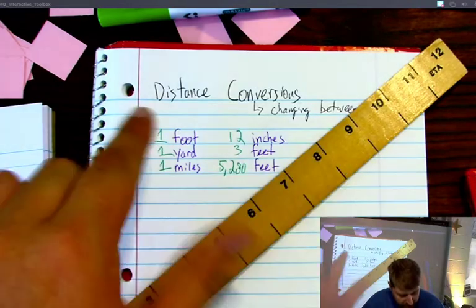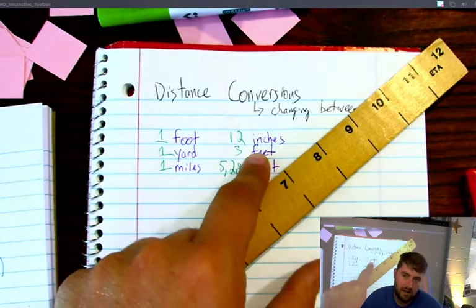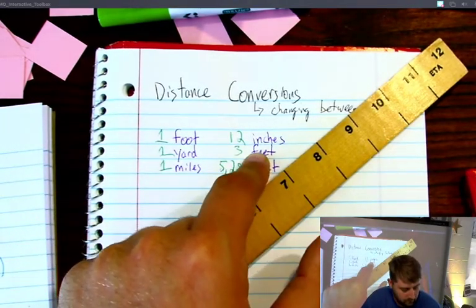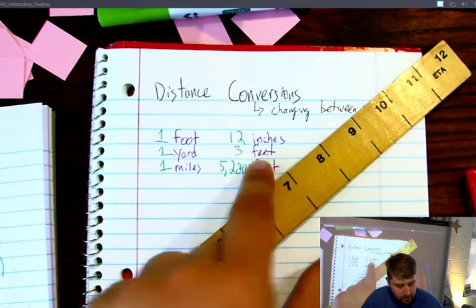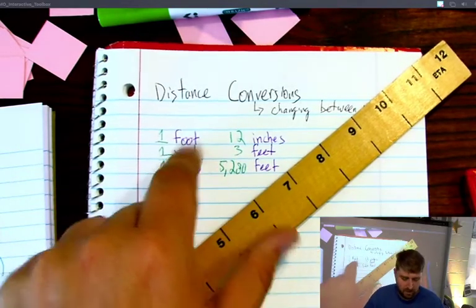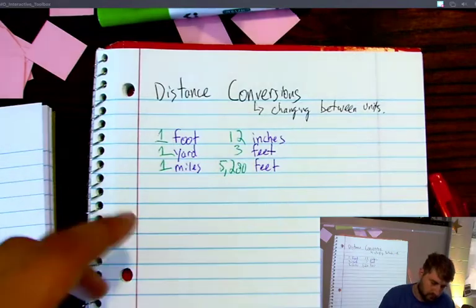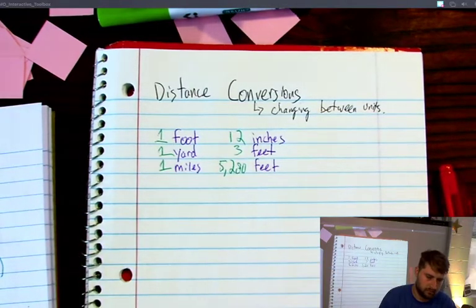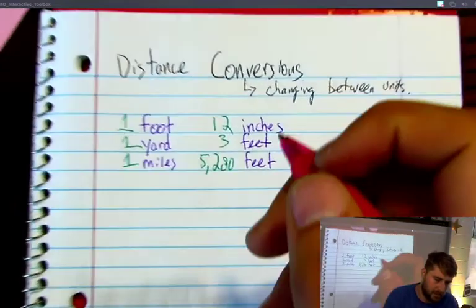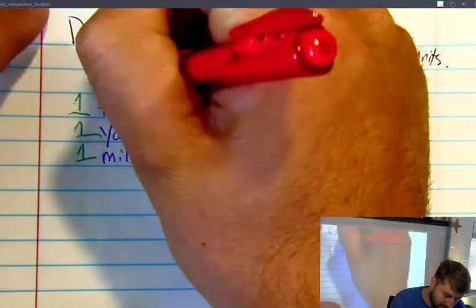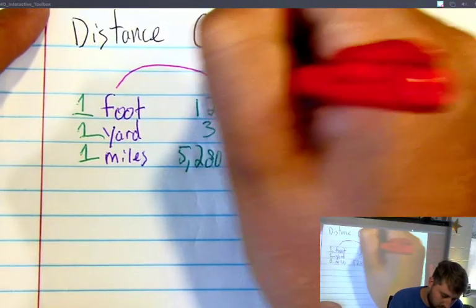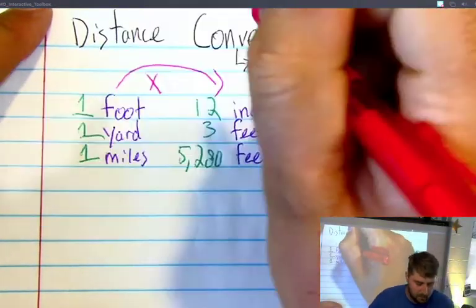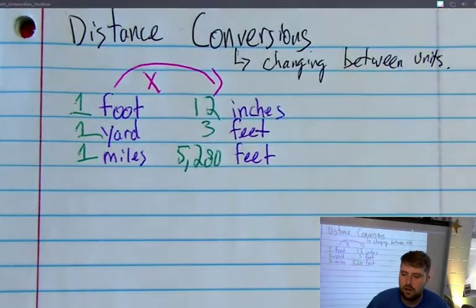So we have our bigger units on the left, our smaller units on the right. We go from our bigger units to our smaller units. Wrong way there. Bigger units to our small units. From our left column to our right column, we are going to multiply. And we're going to multiply by the number in our right column.